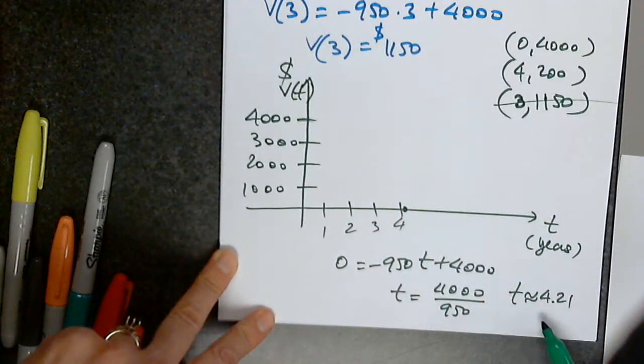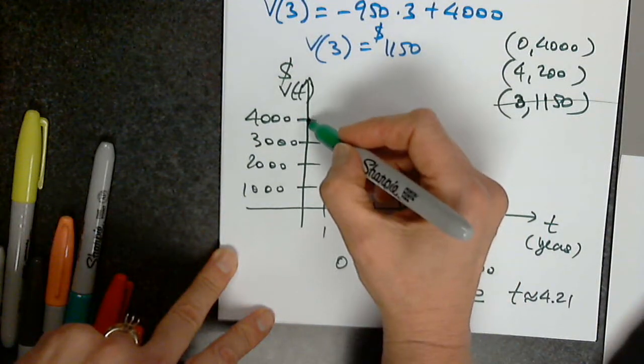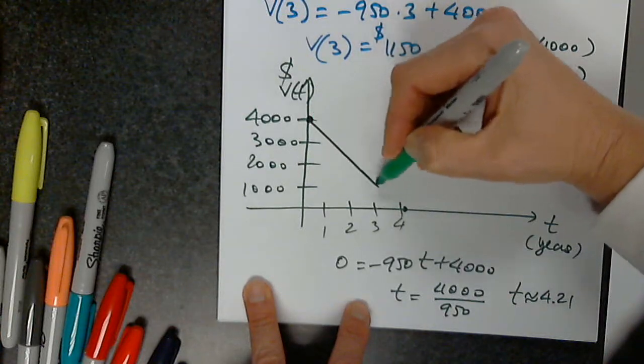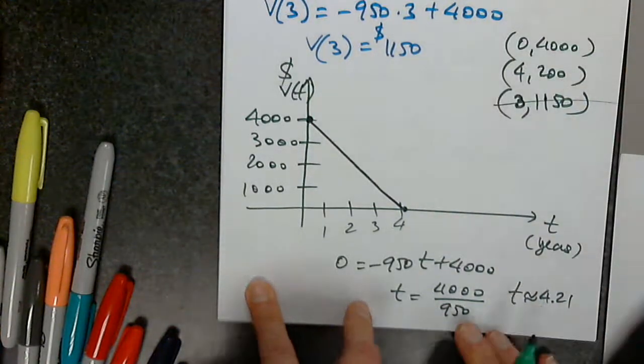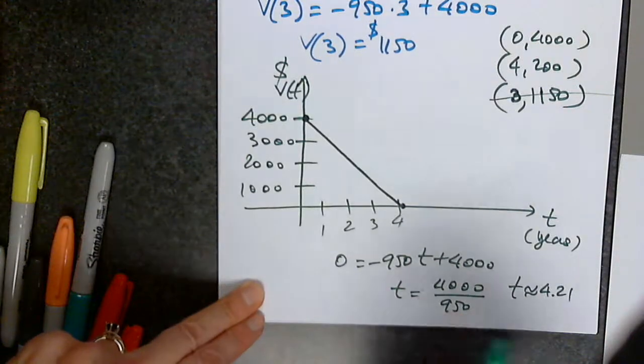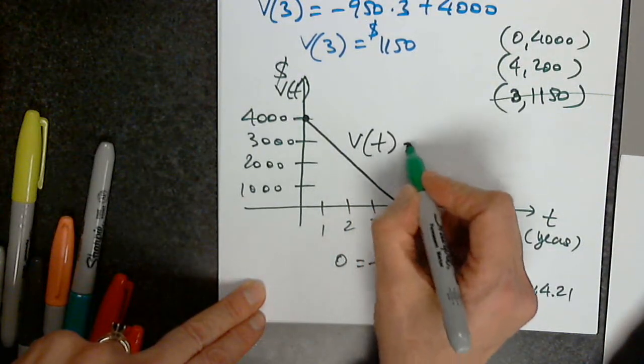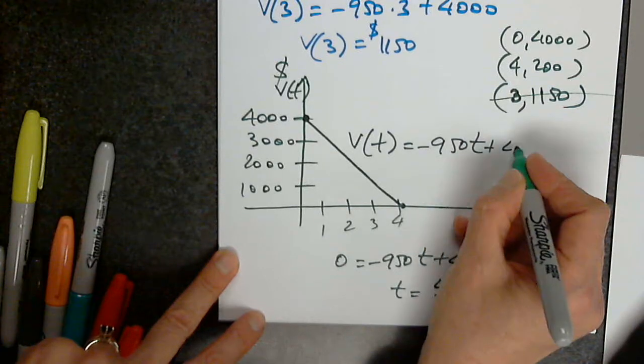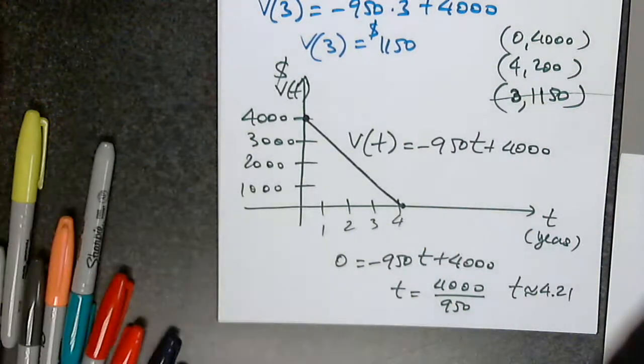So I have the x-intercept, and I have the y-intercept. And here's the graph. When I graph a function, I always write somewhere next to the graph what I graphed. And this is the graph of negative 950 t plus 4,000. Any questions?